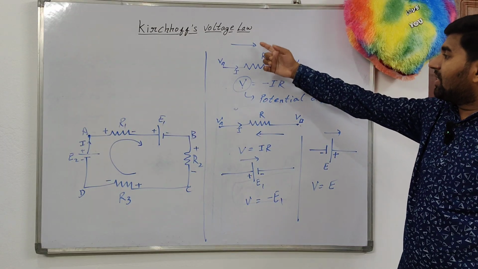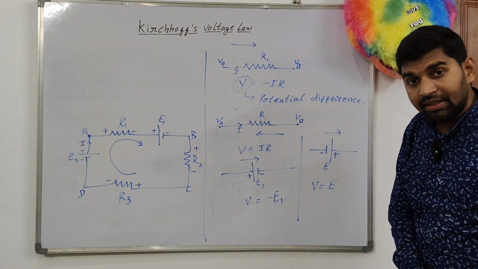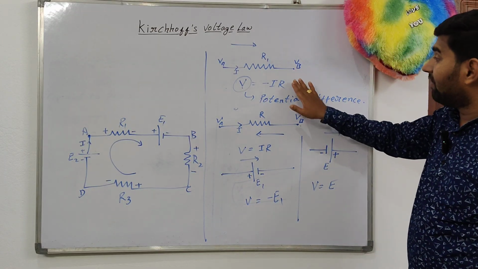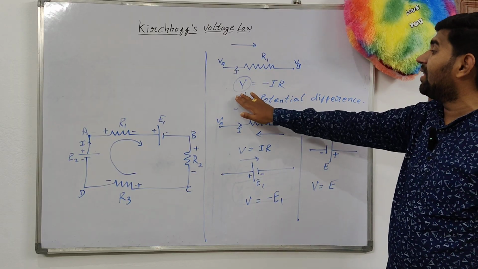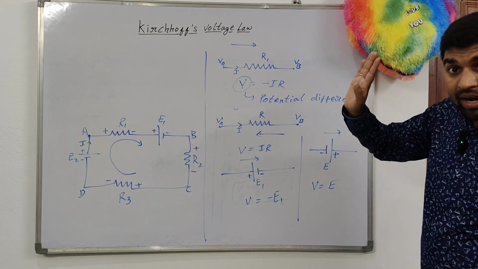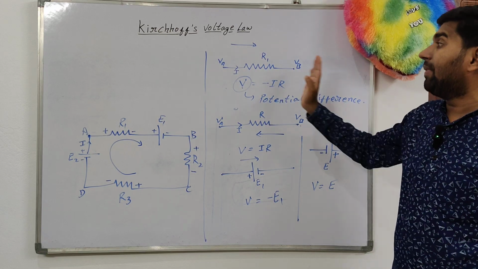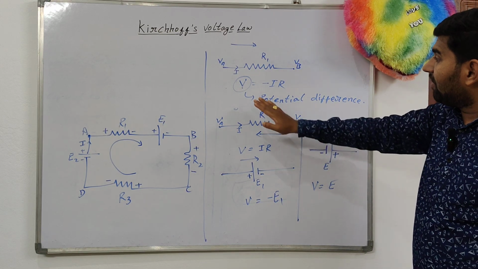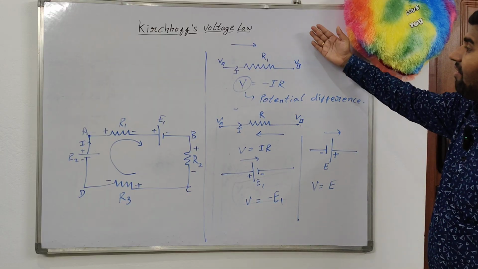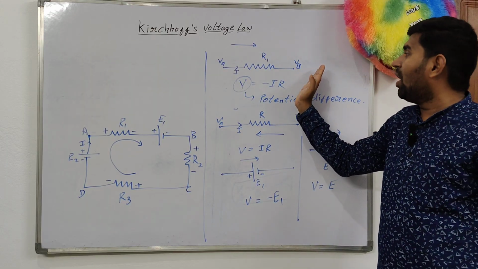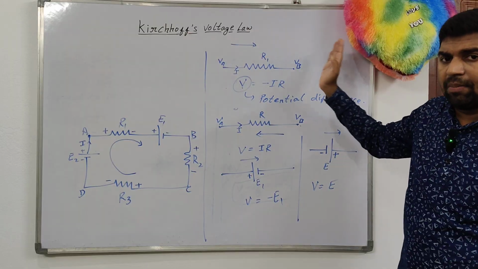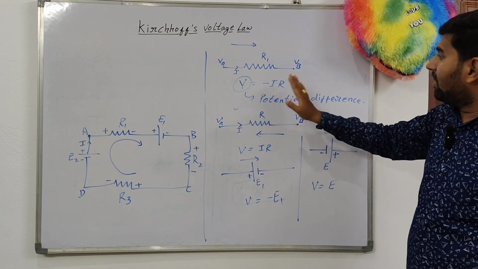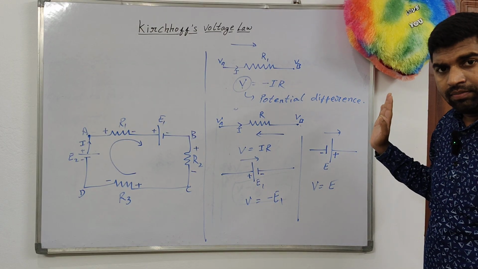Our traversing direction and current direction both are same, it is negative. V is equal to minus IR, where V is the potential difference. For better understanding, I will remove VB minus VA. Don't confuse. For reducing the confusion, first you have to learn like this. After that, I will explain in an open circuit how we can apply VB minus VA, VA minus VB. Is that clear?